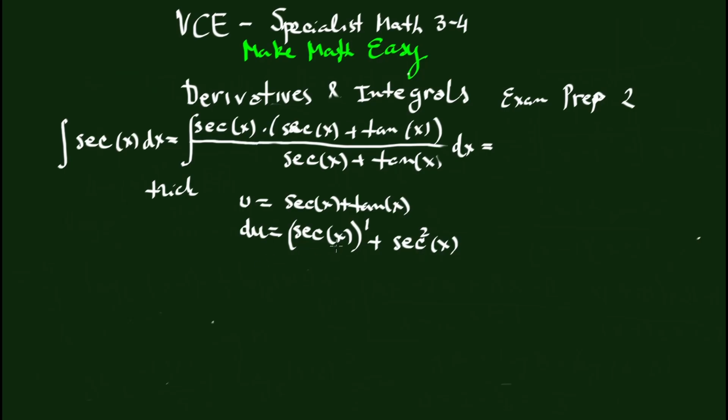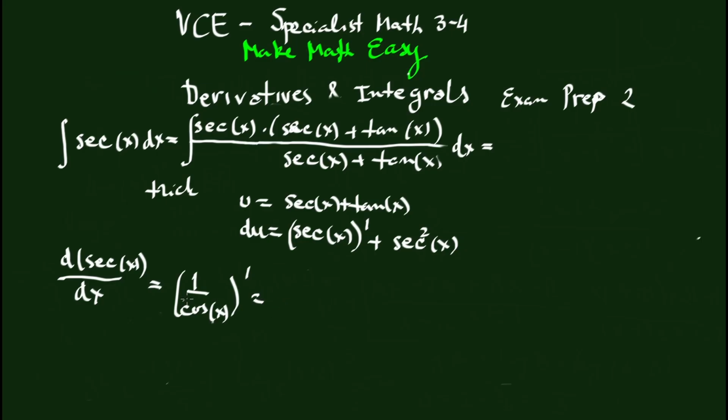Oh, that's pretty good, but what's this derivative here? So let's do it. Derivative of secant of x by dx. So what's secant? Secant is 1 over cosine, and you want the first derivative.